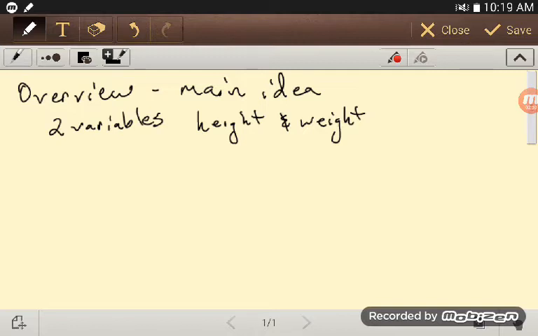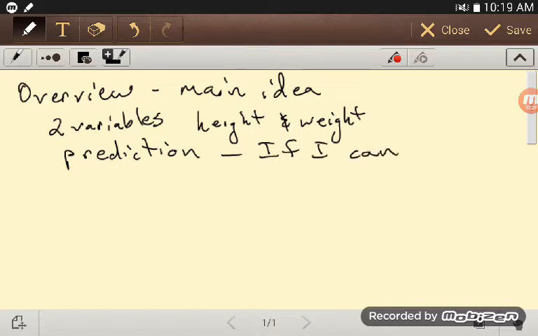One way to think about it is, could I predict weight from height, or could I predict height from weight, that sort of thing. So prediction is one way to look at the basic idea.